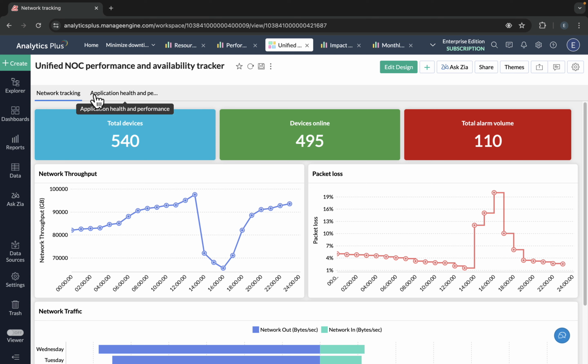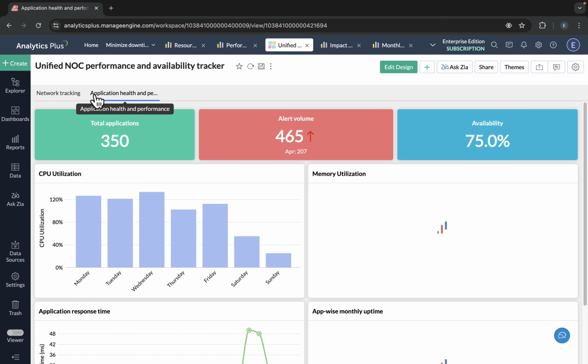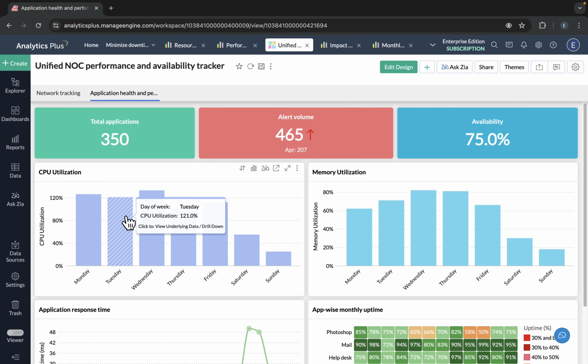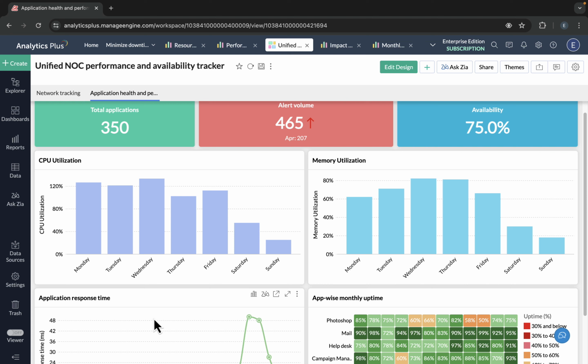So moving from network to the application side, one of the most common causes of downtime or outage in an application is resource overutilization, leading to capacity overload. By tracking usage metrics like CPU and memory utilization, organizations can identify applications approaching resource overload.